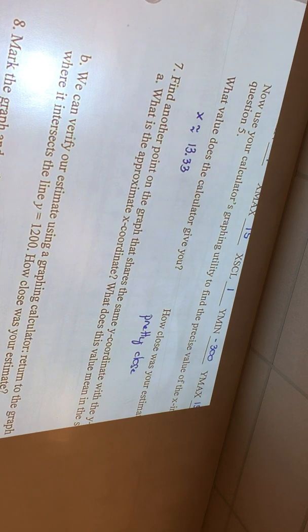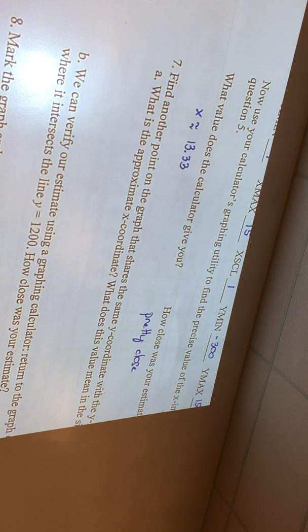What is that number? 1200. All right. Find another point on the graph that shares the same y-intercept. Okay? And we're going to estimate the x value. Can you please estimate it?